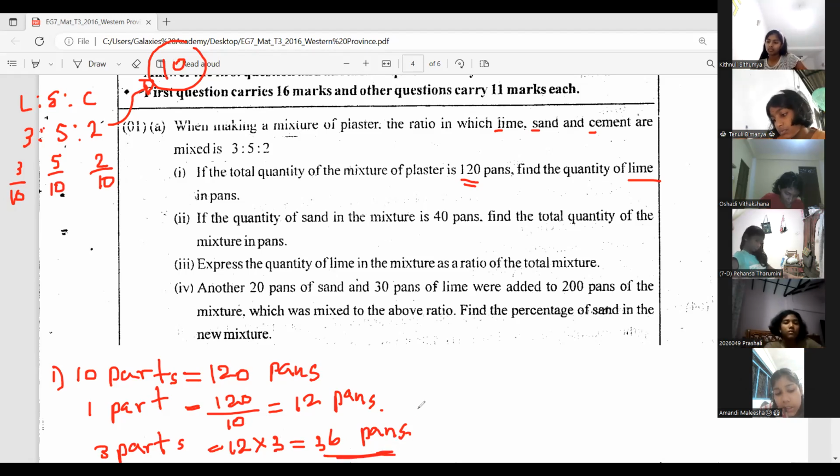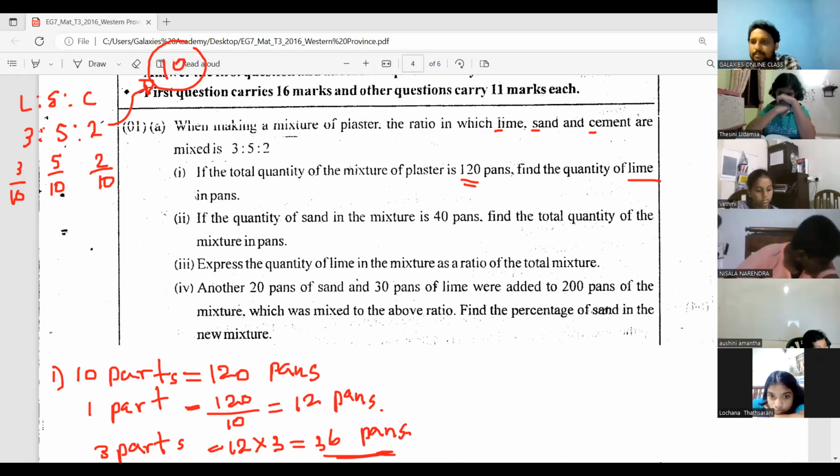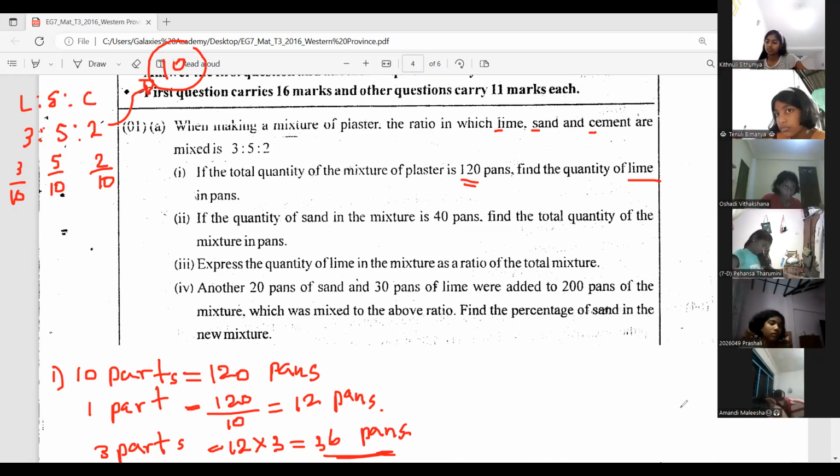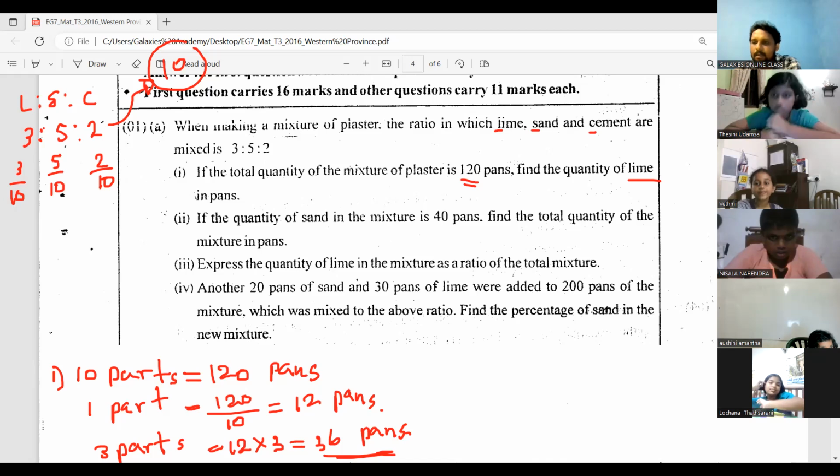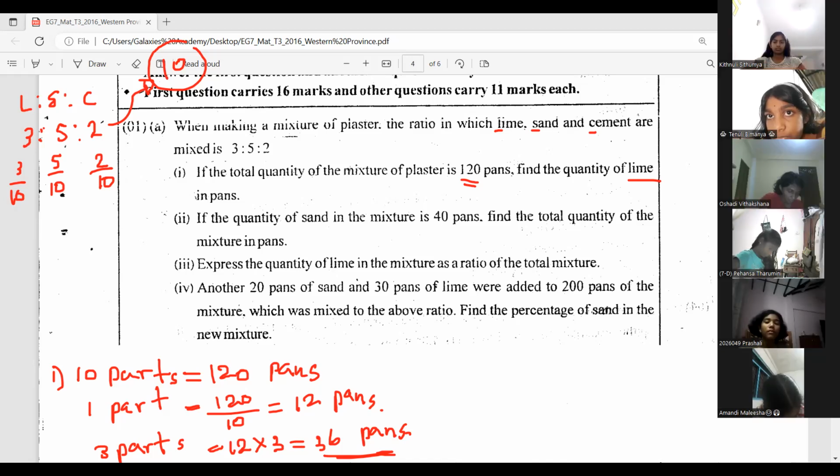So if we take 120 pans of this mixture, the lime there is 36. Right? Are you clear on this one? You remember, when we did the lesson we did many questions like this. Right. Then look at the second part.